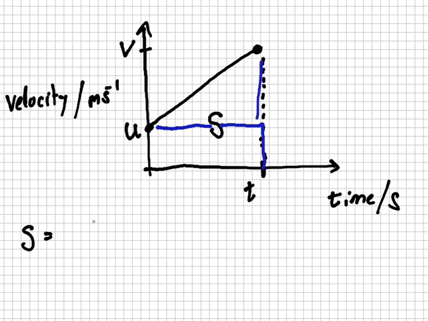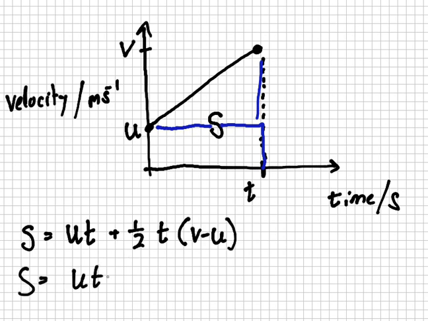So the rectangle is UT, and then the triangle is a half T, and what's the height? V minus U. So that's UT plus a half T times (V minus U). I'll leave it like that for the moment.